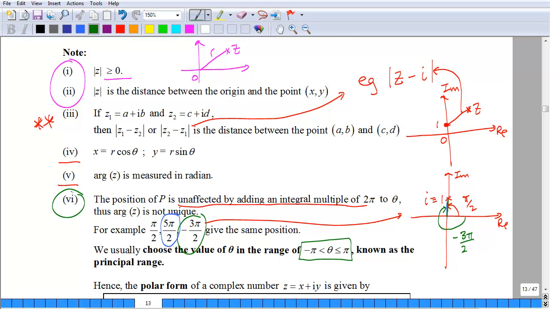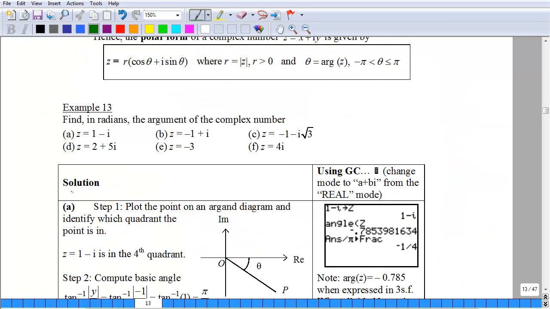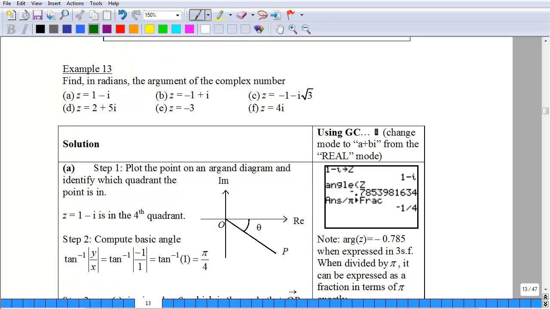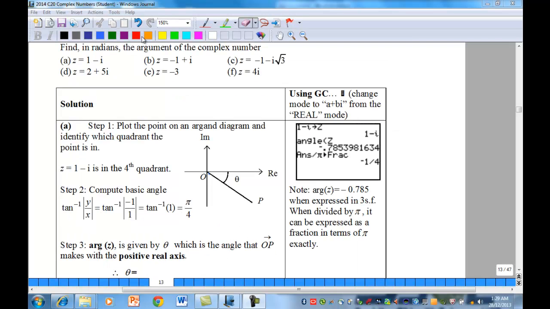Now let's move on to example 13. In example 13a, we are asked to find the argument of z equals 1 minus i.